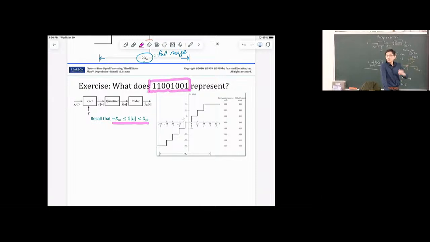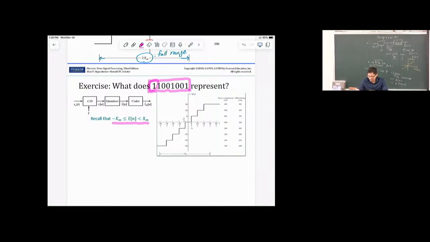The most significant bit is a 1, right? Indicating it's a negative number. Remember that in 2's complement, the most significant bit indicates the sign. In this case, it's going to be a negative number. But when we put everything together, can we calculate the digital to analog conversion in our head? That's the question.